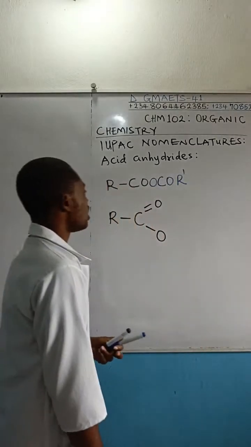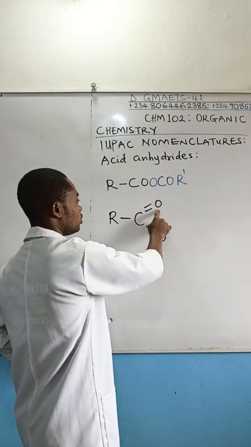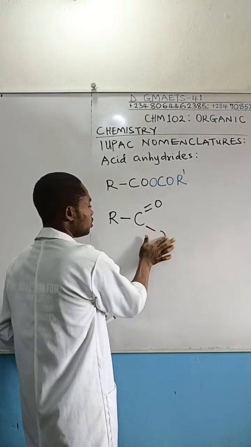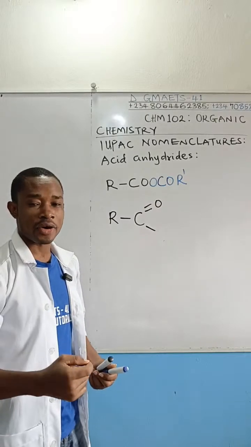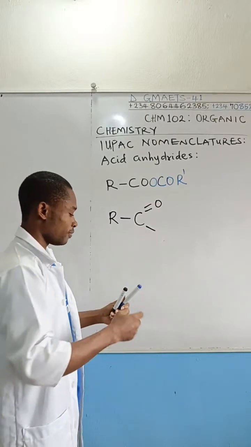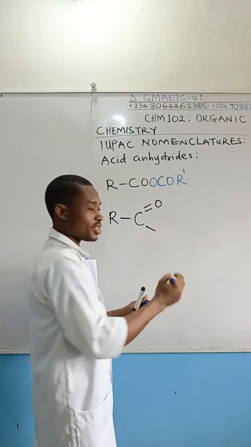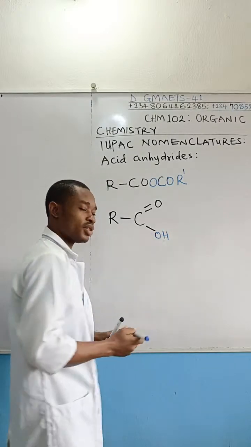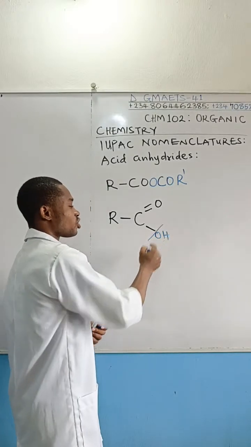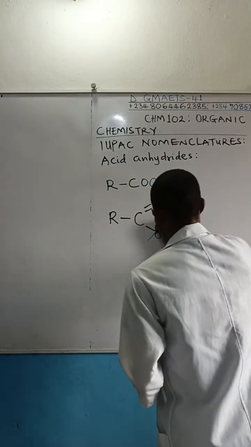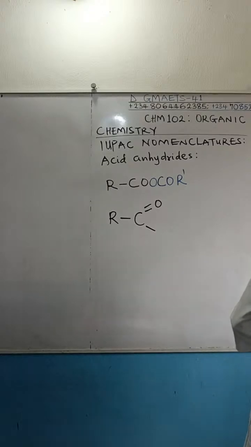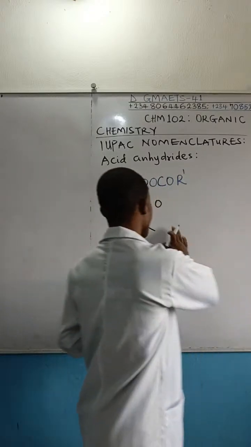So looking at this RCO, which is this first part called the acid group, it comes from the alkanoic acid. Usually with alkanoic acid it is OH. But in this case, the OH is replaced by another group, like I said, and that group is the anhydride group.